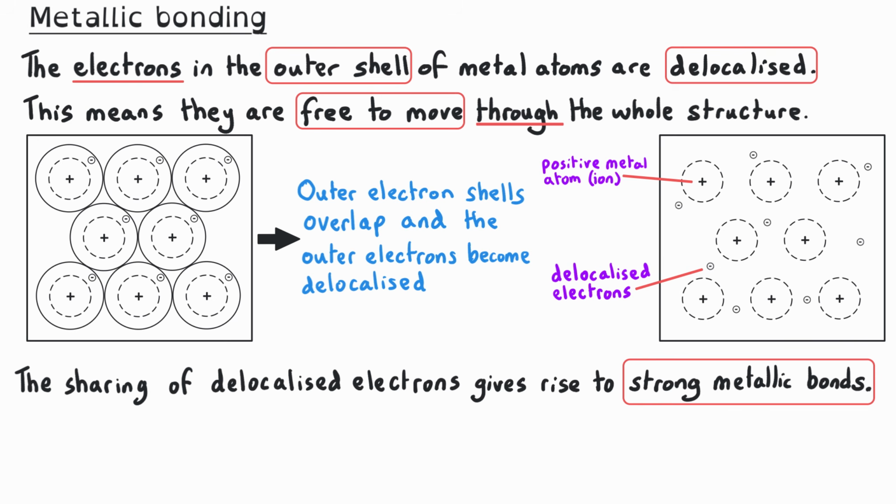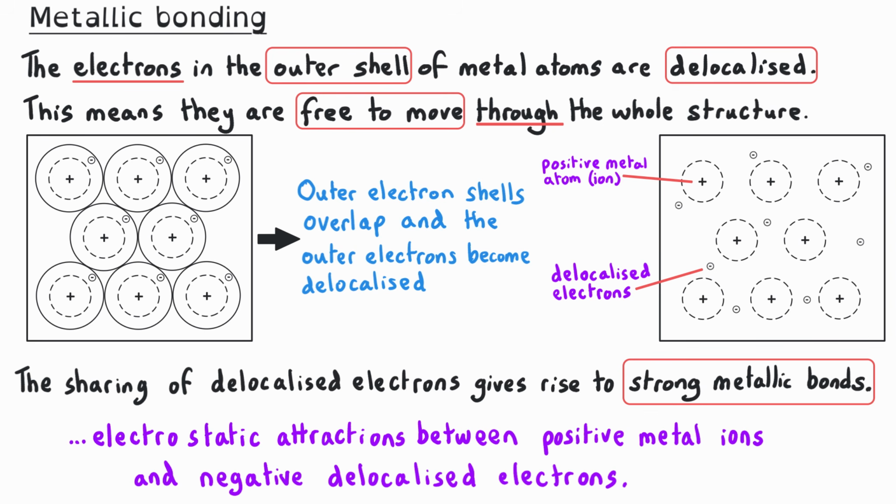And this metallic bonding is down to the electrostatic attraction between the positively charged metal ions and the negatively charged delocalized electrons. Because the positive ions would obviously repel each other, but they're held in place due to the strong attractions that they have for the many delocalized electrons that are moving through the structure, far more than one attraction at any one time.